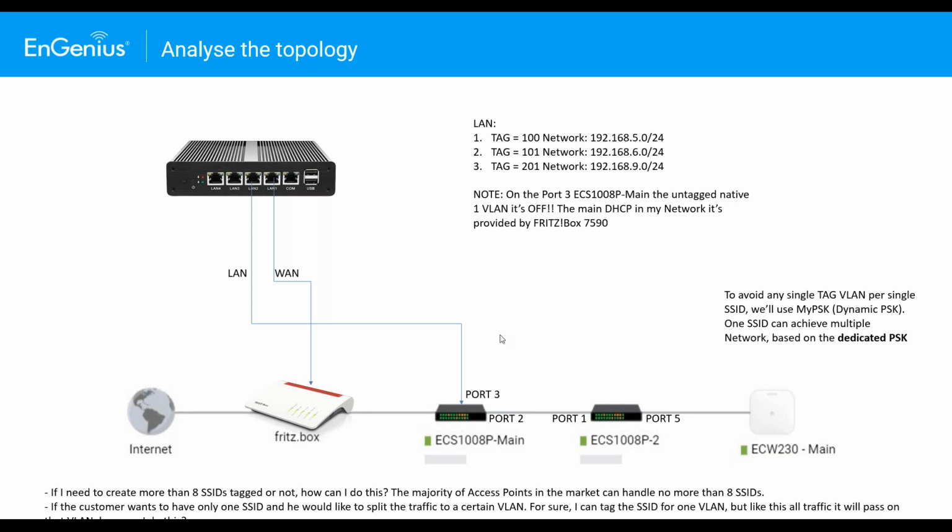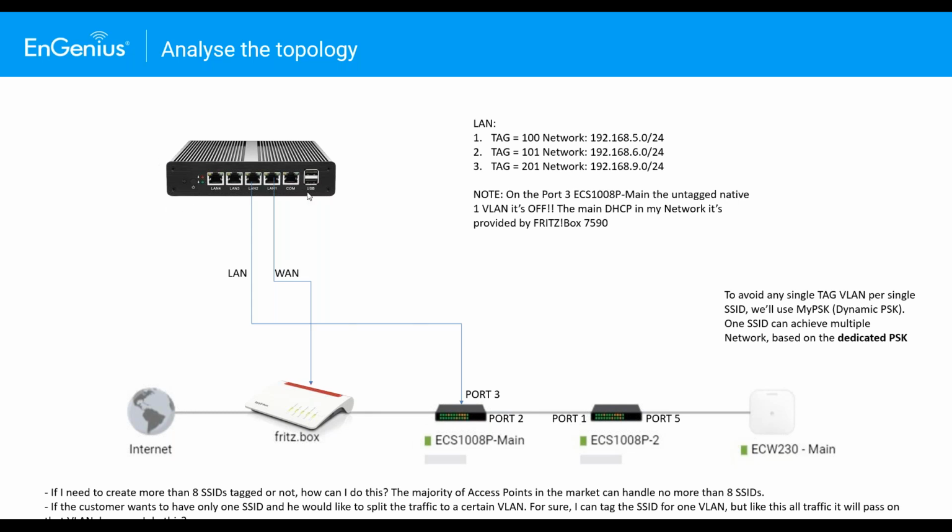Because I would like to test the MyPSK concept, I need to have VLAN. Otherwise, there's no sense to have MyPSK. So if you would like to have MyPSK without any VLAN, skip it, do not use MyPSK.